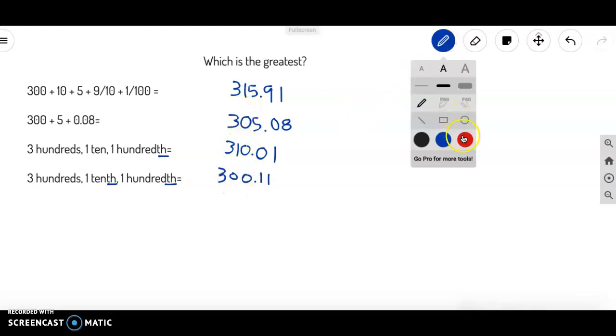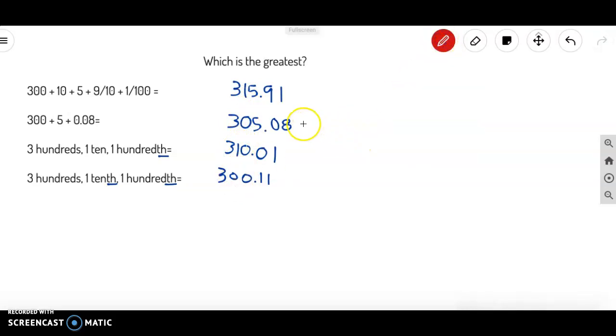So I already know that it's not going to be this one, and it's not going to be this one. That's because as I'm going down in the tens place, they have a 0, which makes them less than these two right here.